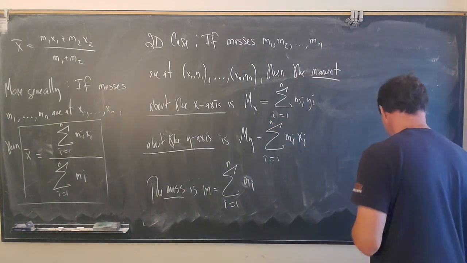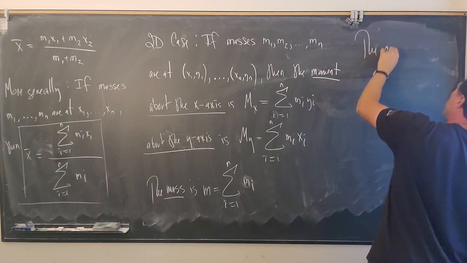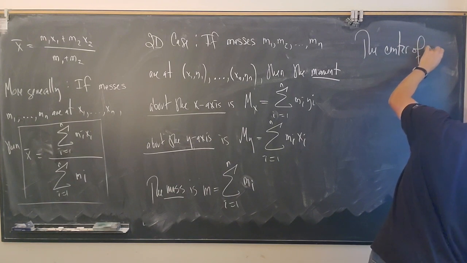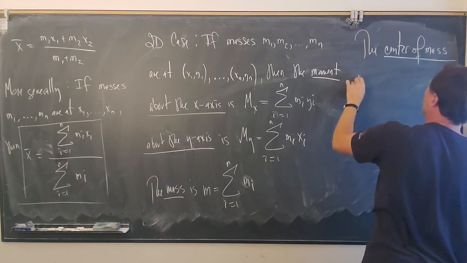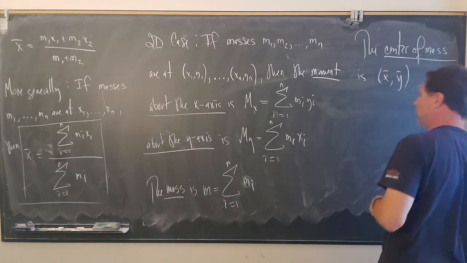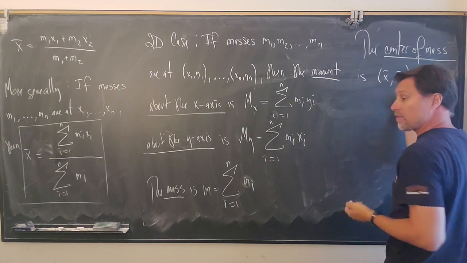Now, so now then the center of mass is the point x bar comma y bar, and I need to tell you how to find x bar and y bar.